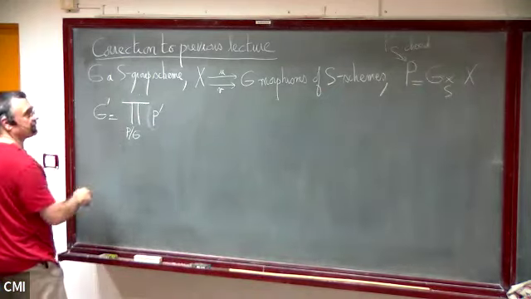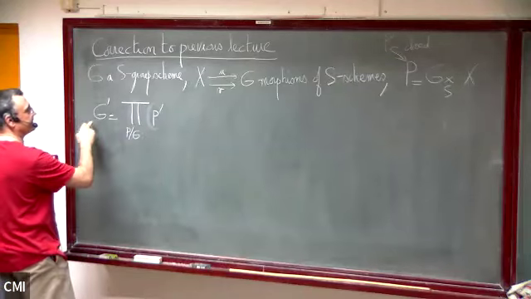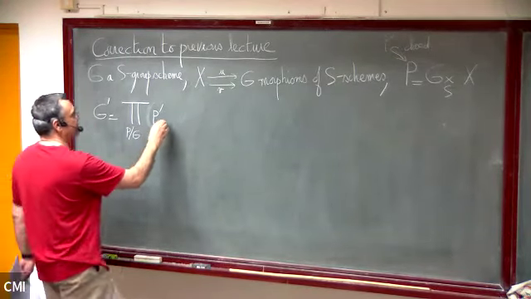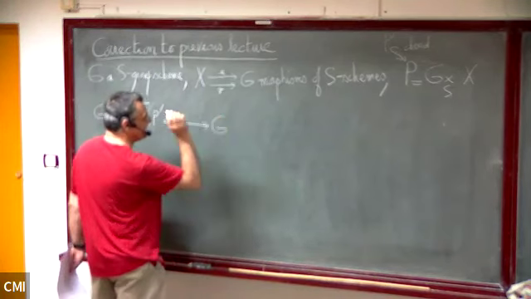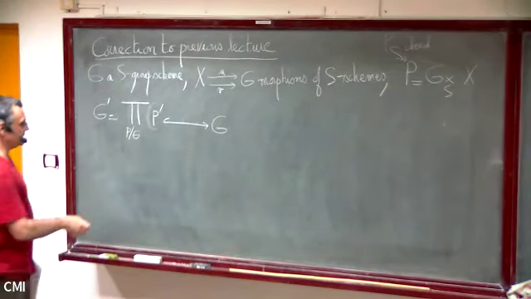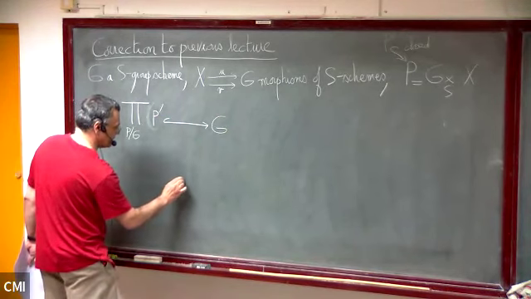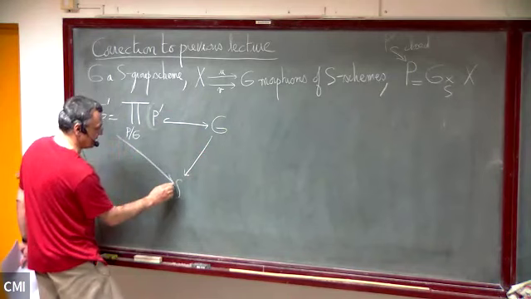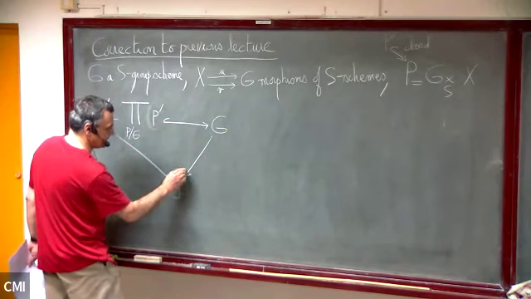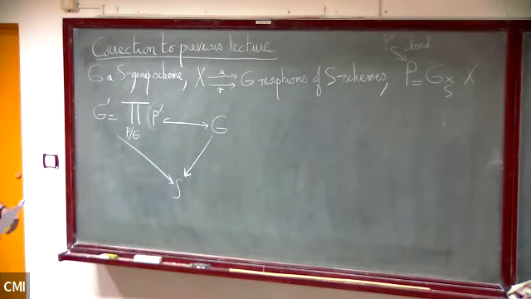And the claim was that this is represented by a closed subscheme of G. Okay, of course both G and this one lie over S. So there was some confusion in my lecture.